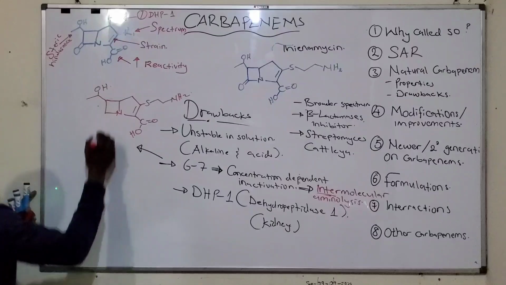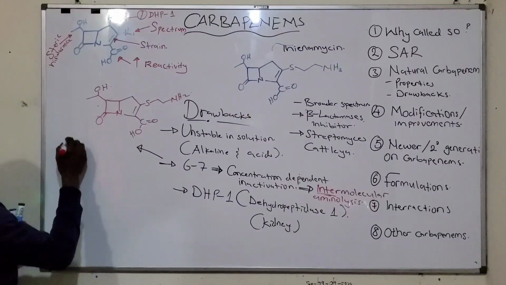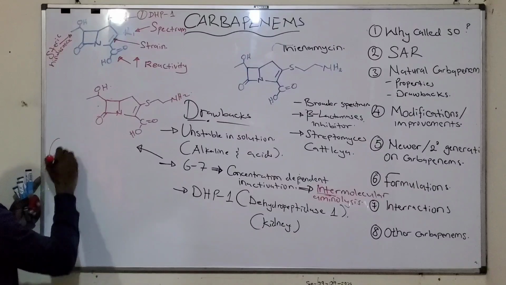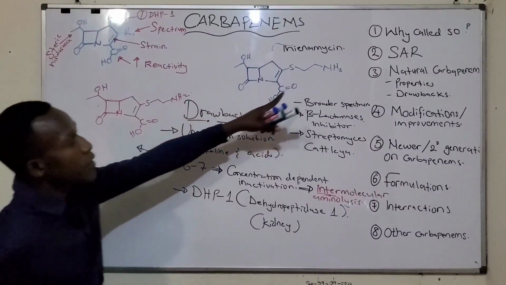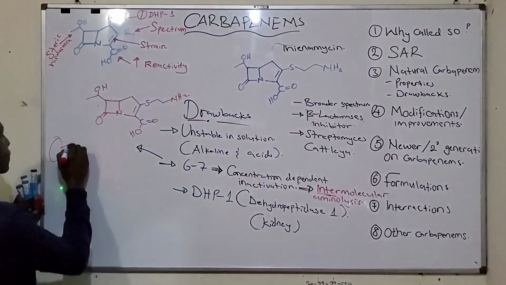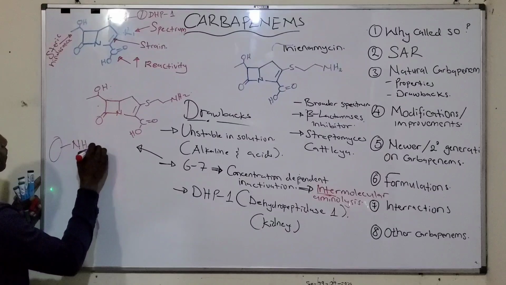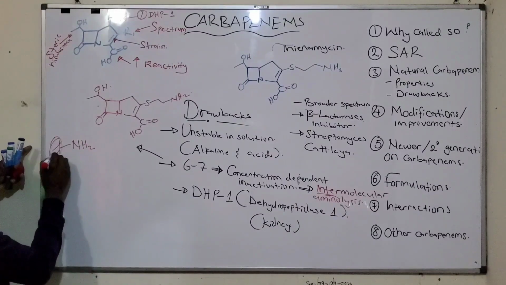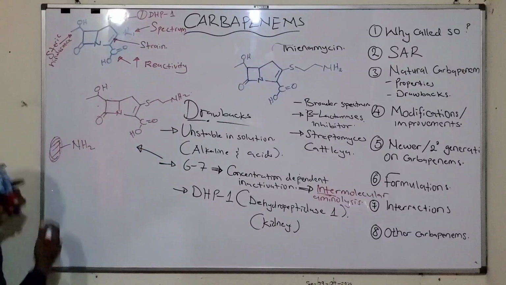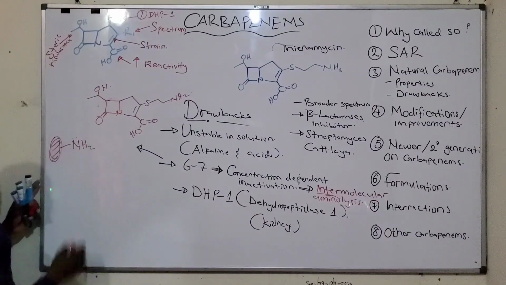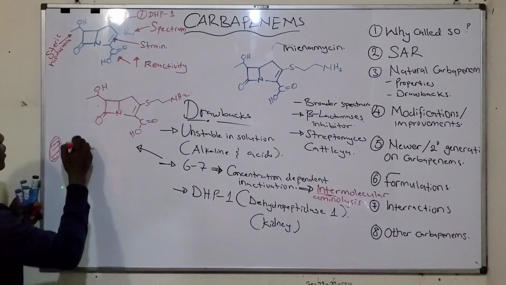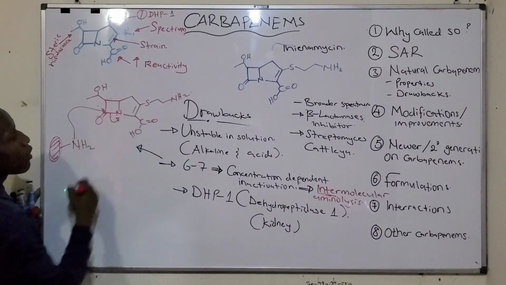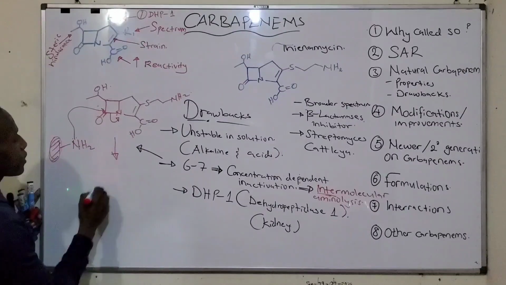At higher concentration, another molecule of thienamycin, represented by this, having this amino group here, this amino group, I've just represented it here, this is the other part, acts as a nucleophile. It will attack the beta-lactam ring, hence leading to its opening.